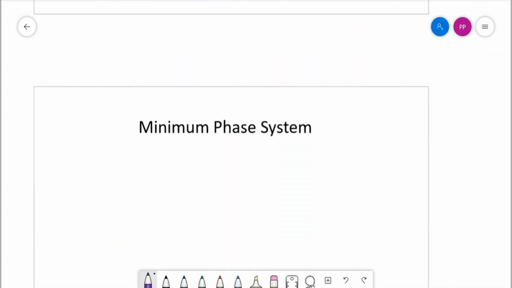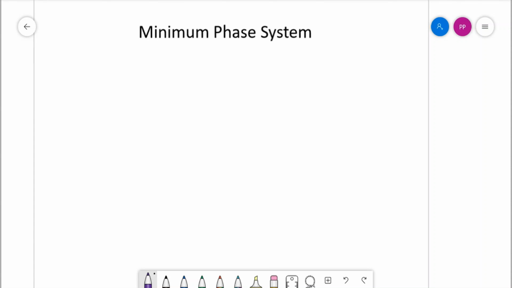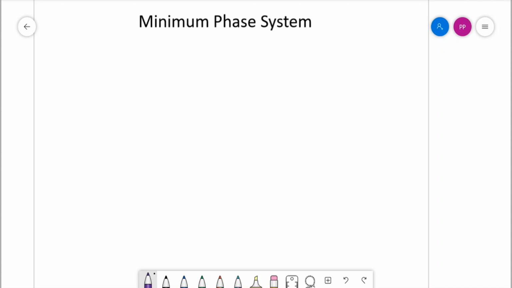First, to start with the minimum phase systems. So what are minimum phase systems? All the systems we are studying in control theory so far are minimum phase systems, because a system model with stable poles and all the zeros on the left half of the S-plane will define a minimum phase system.